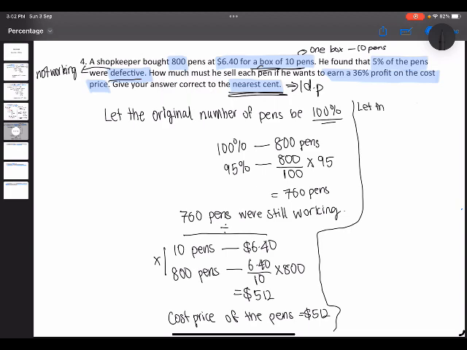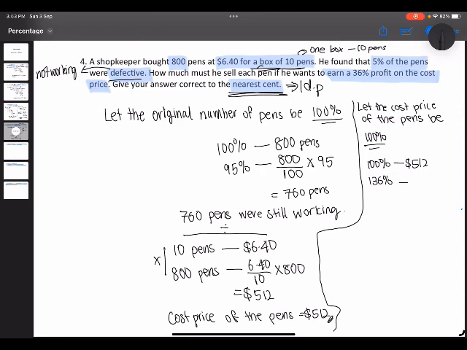Let the cost price of the pens be 100%. So 100% represents the cost price. So the selling price of the pens is 100% plus 36%, which gives us a value of 136. So the selling price is 136%.